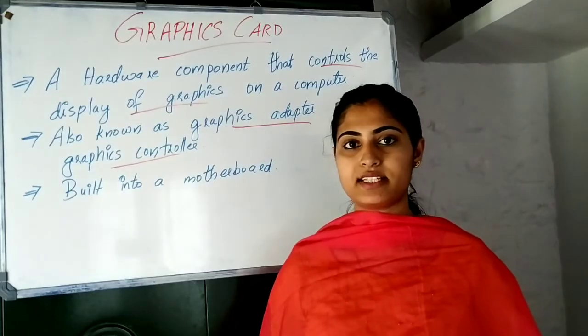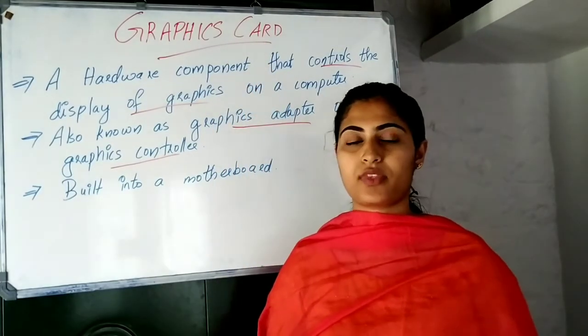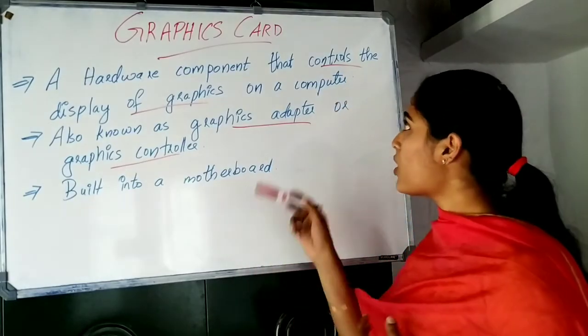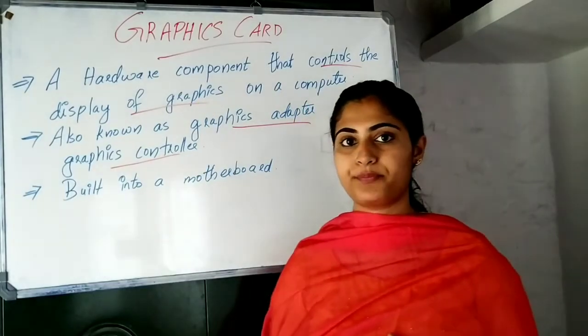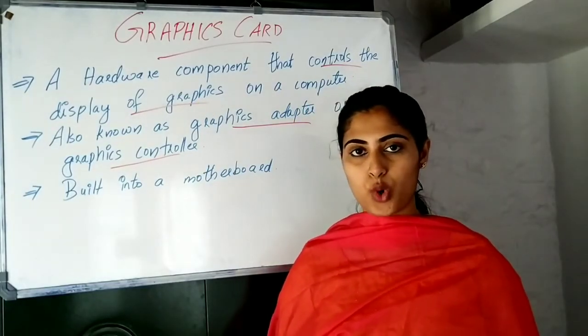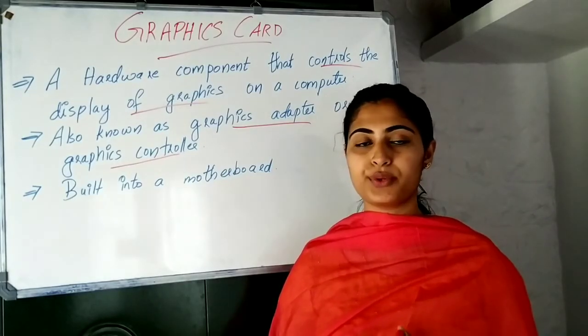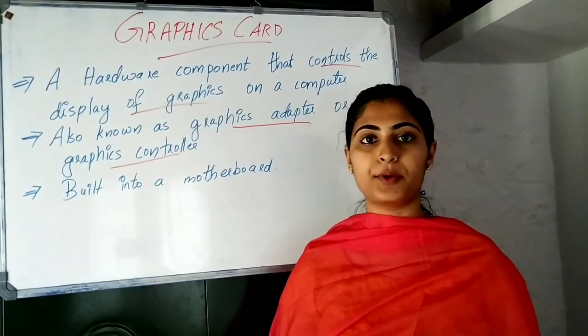The next internal hardware component is the graphics card. It is a hardware component that enables or controls the display of graphics on a computer. For watching a picture or a video or a movie inside the computer, we need a graphics card installed inside the computer.